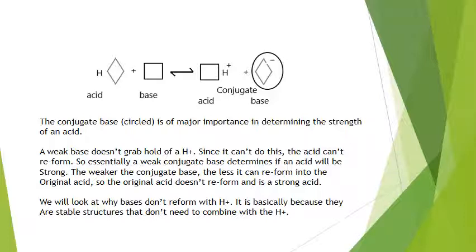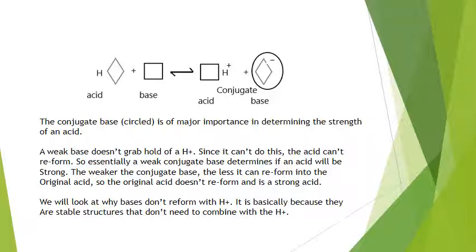What I really want to focus on here is the conjugate base, because for the acid to reform, the conjugate base has to almost want to grab hold of that H plus.